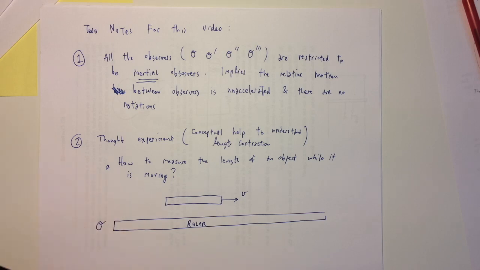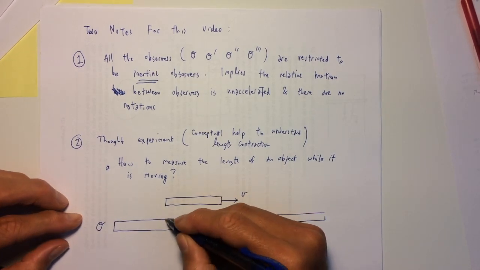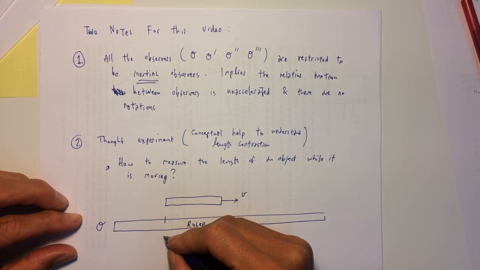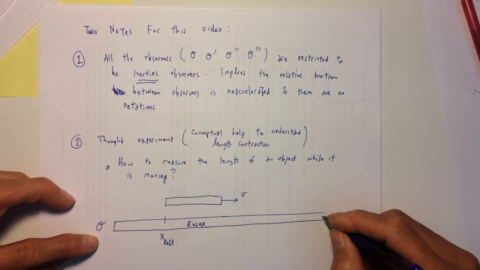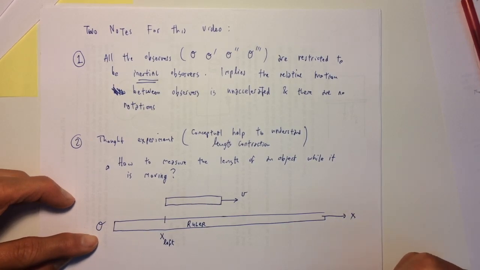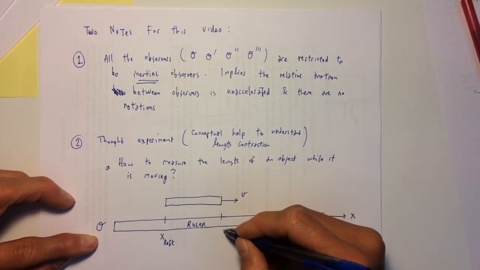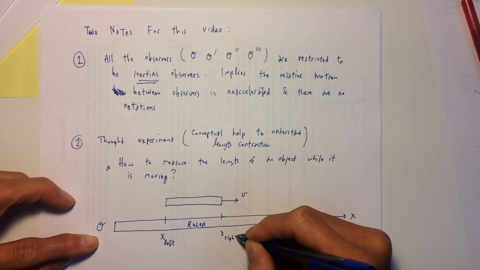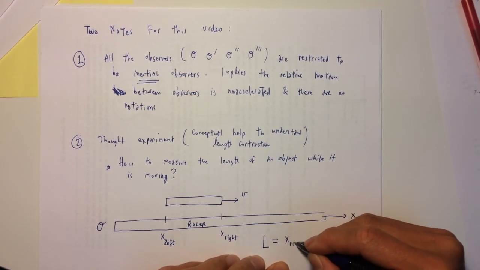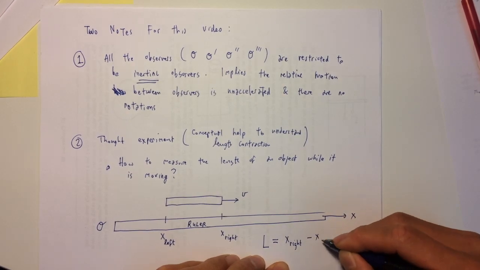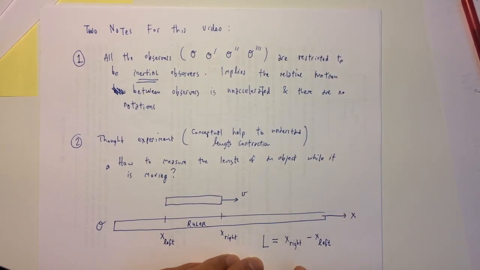So what you'd maybe do is you'd record where is the left-hand side on my x-axis ruler, and where is the right-hand side. And you'd say that the length was the difference between these locations, right?